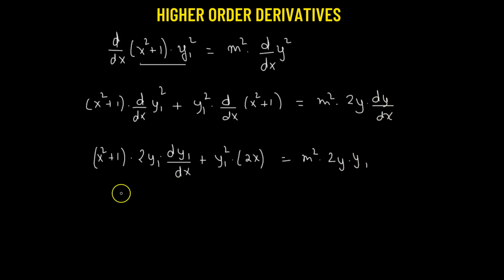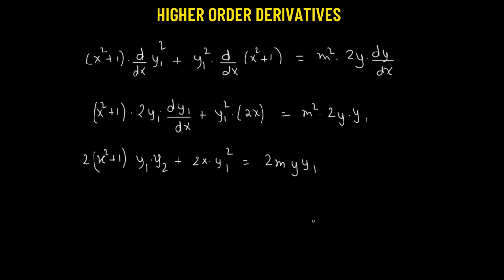And this is equals to m squared times 2y times the derivative of y with respect to x. So that's y1. Now we get (x squared plus 1) multiplied to 2 times y1 multiplied to, so this is the derivative of y1 with respect to x, which gives us the second derivative of y, or simply y2, plus 2x times y1 squared, and that's equals to 2m squared times y times y1.